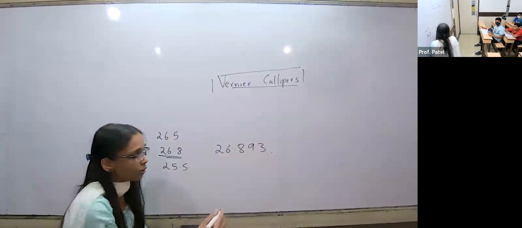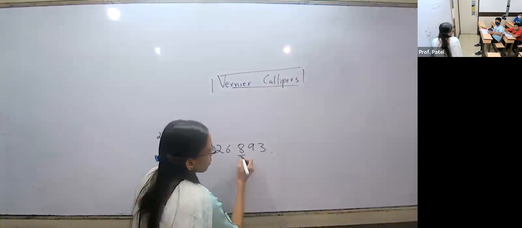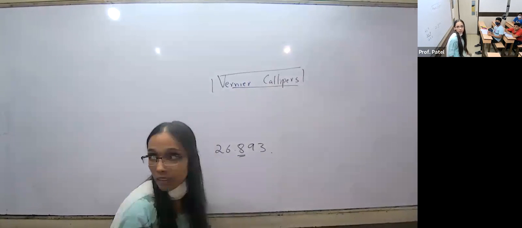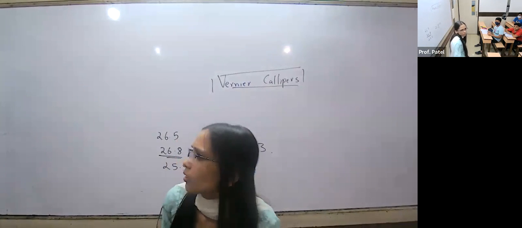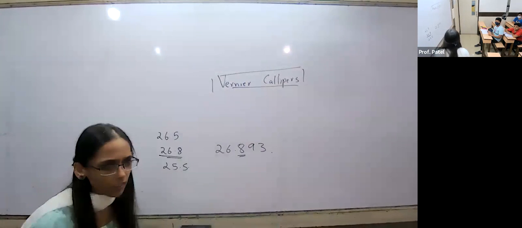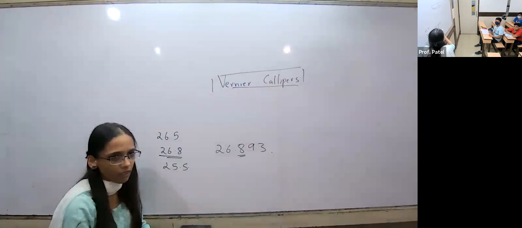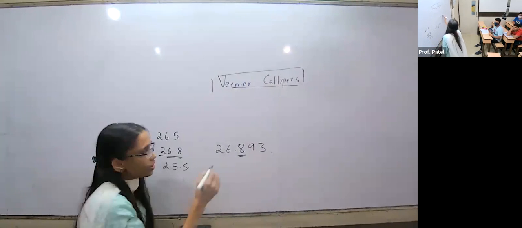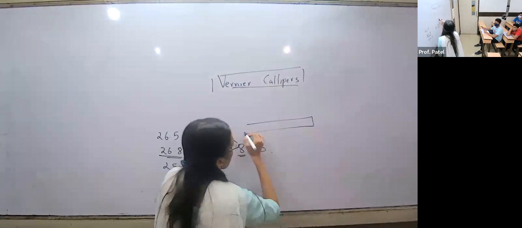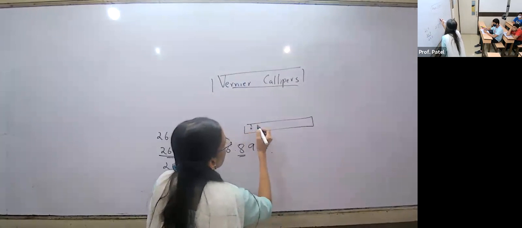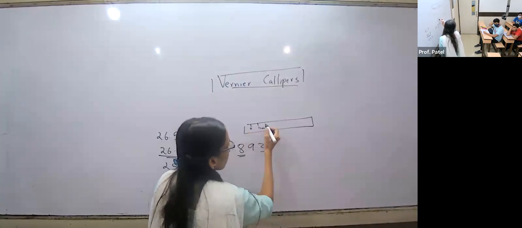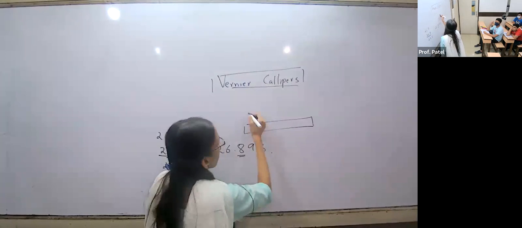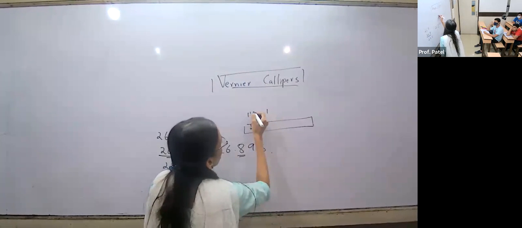Yes, so what she means is the smallest unit that I have. If you check your ruler, you see that there is 0, then there is 1 centimeter, and then this is broken into how many more parts? 10, right?